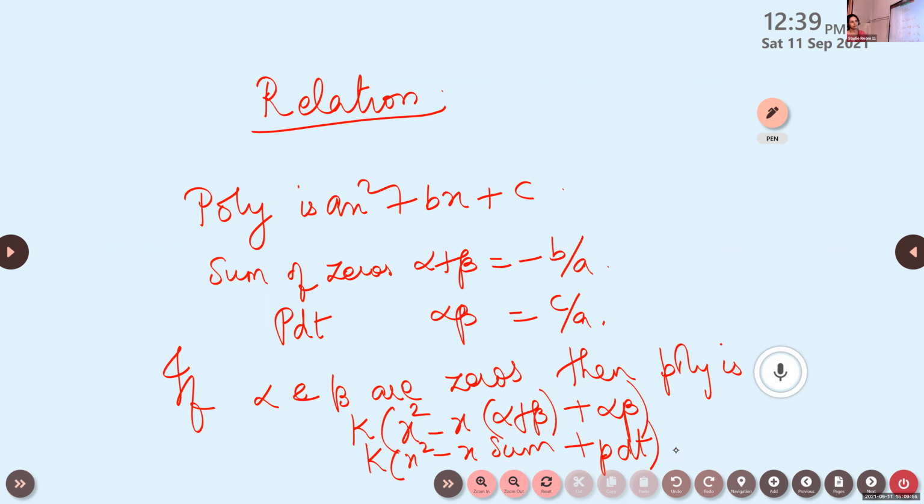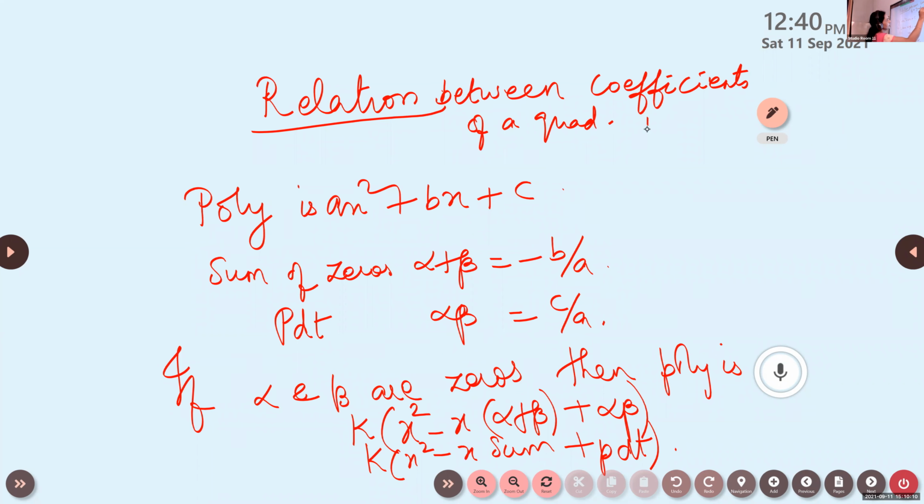Write down this one: relation between zeros and coefficients of a quadratic polynomial. If zeros are alpha and beta, then the polynomial is given by k into x square minus x into sum plus product.